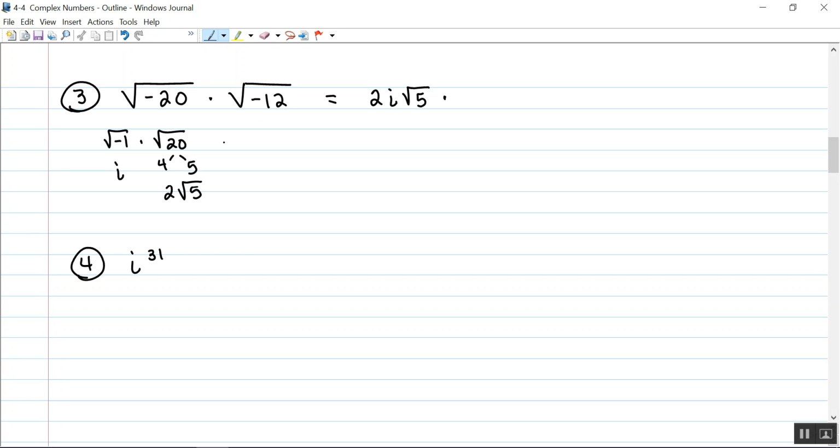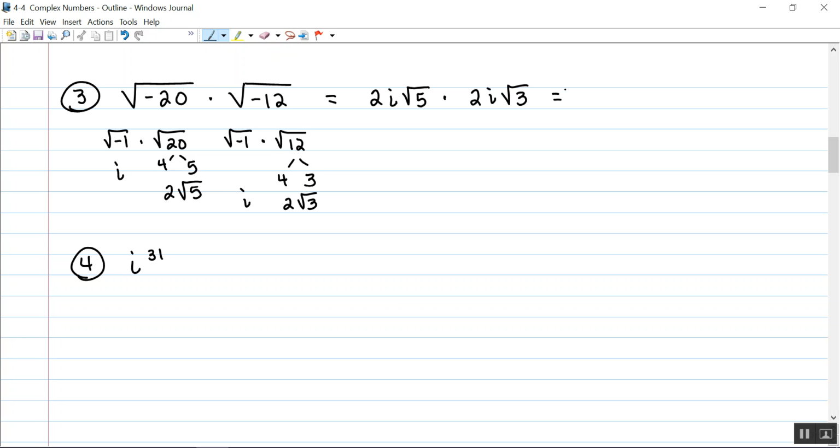Now let's do the same thing with -12. That's going to be square root of -1 times the square root of 12. 12 factors into a 4 and a 3, so that's going to be 2 square root of 3. And my square root of -1 is an i, so that's going to be 2i square root of 3.